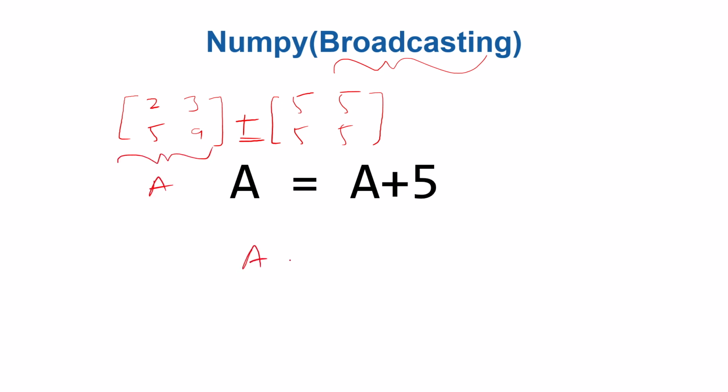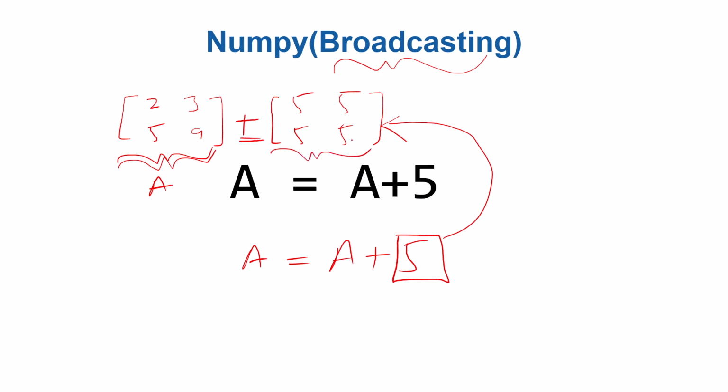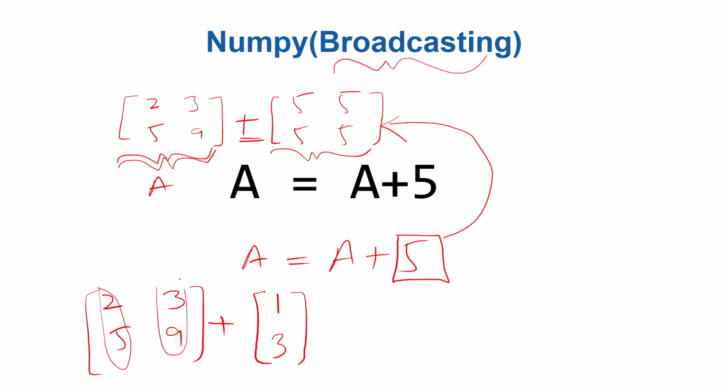NumPy allows you to just do this particular thing, and this 5 is automatically broadcasted to match the dimensions of its other operand, and the addition happens. You need not do this explicitly. And this broadcasting is not just for one scalar value. For example, let's say A is this, and you want to add this particular column, let's say 1, 3, to the first column as well as the second column.